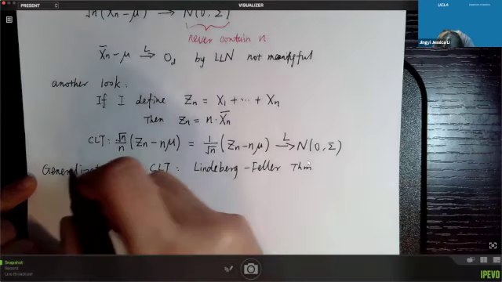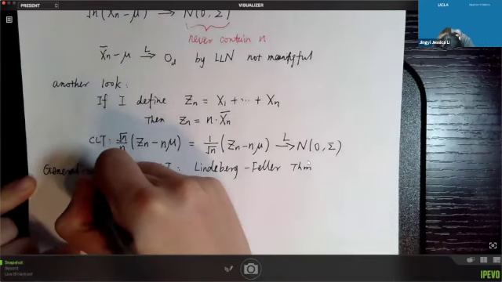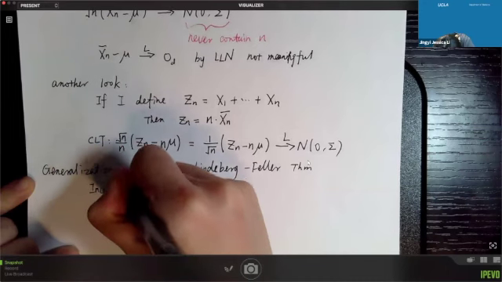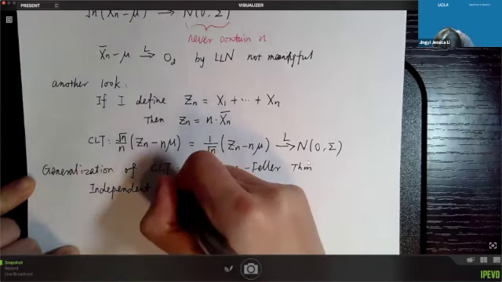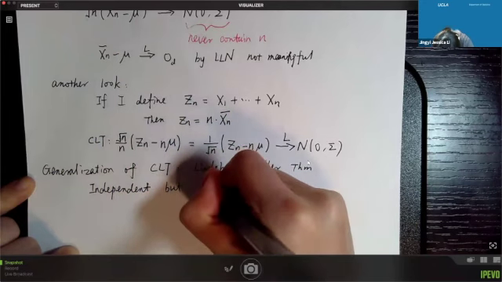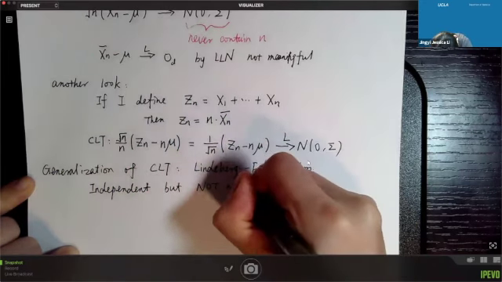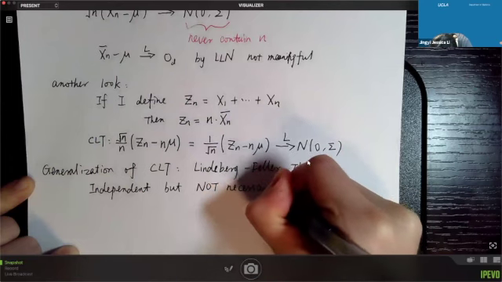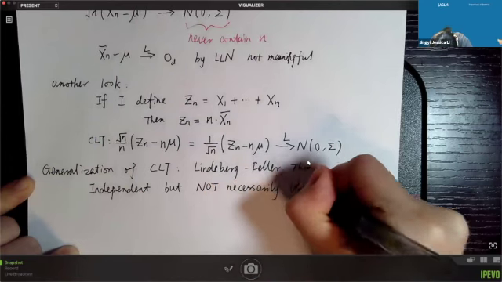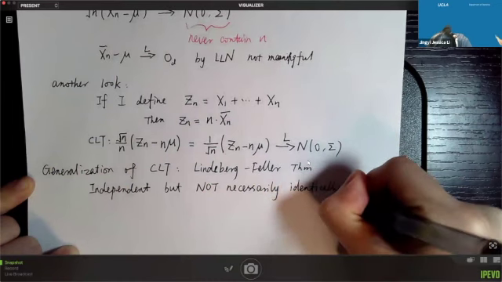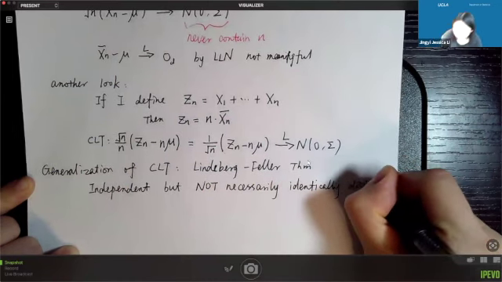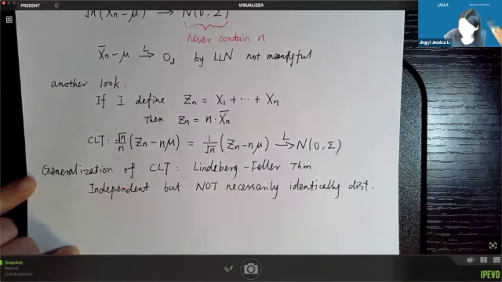So here we still have independence: independent, but not necessarily identically distributed. So we drop one I, that is the identical, but we keep the independent.